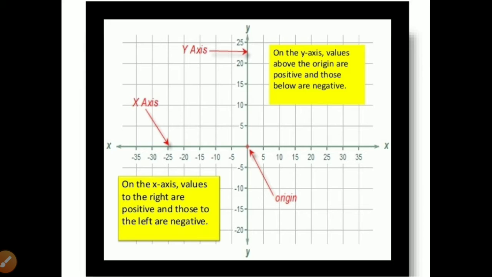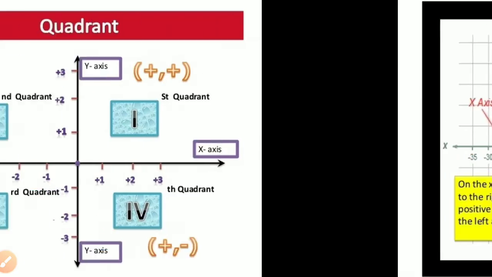If you move to the right-hand side, you get positive values, and if you move to the left-hand side, you get negative values. You can see this easily on the screen.